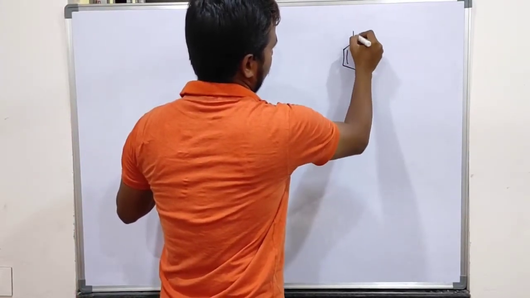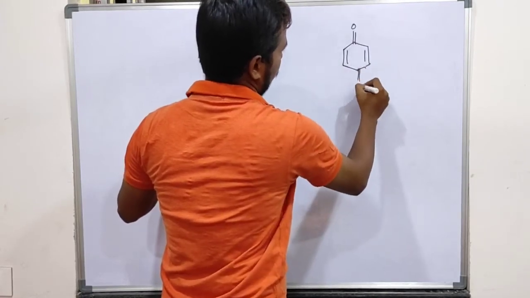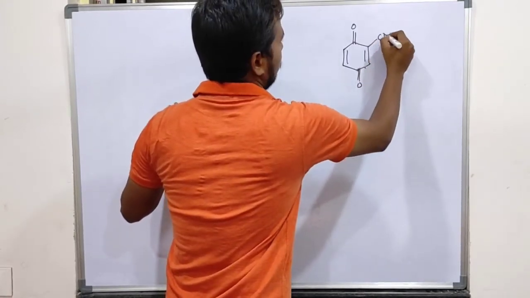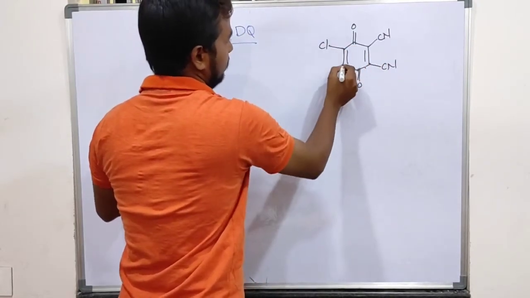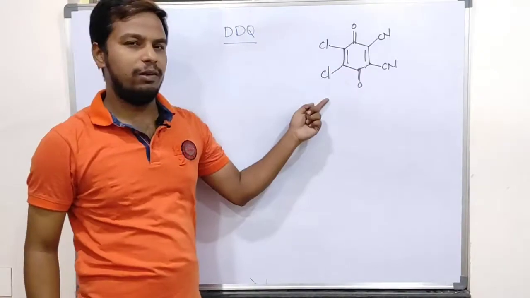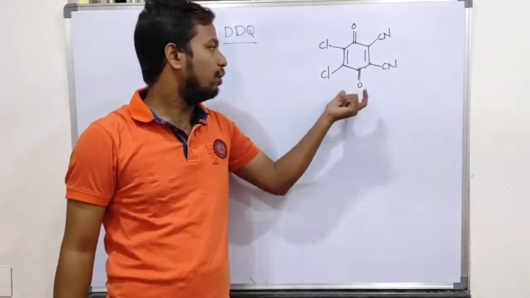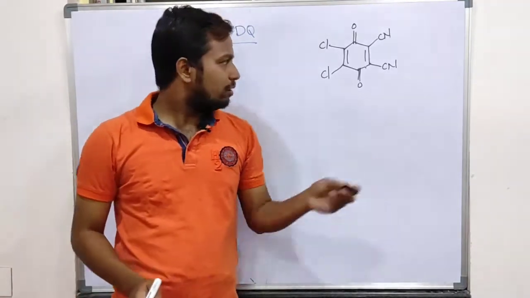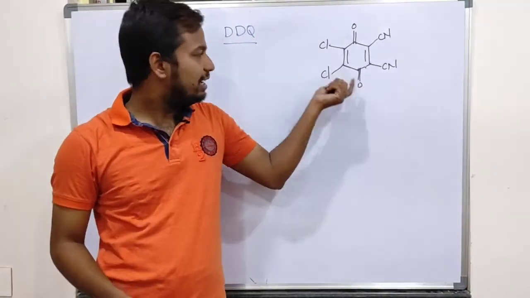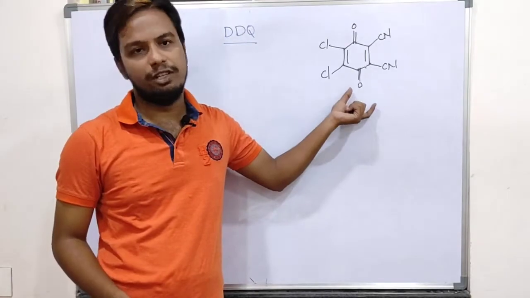This is the quinone skeleton, double bond O, dicyano, here chlorine. So dichloro-dicyanobenzoquinone, this is DDQ. It is a very electron deficient species.